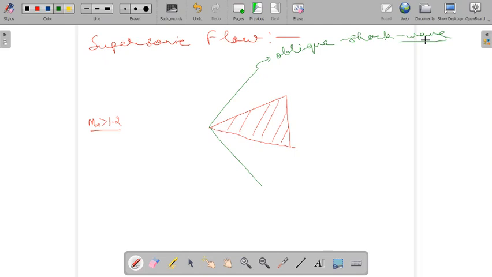This is the representation of a typical oblique shock wave. When the flow is happening, initially the streamlines will be something like this: free stream streamlines, completely horizontal, and then you will find a sudden change in their angle.